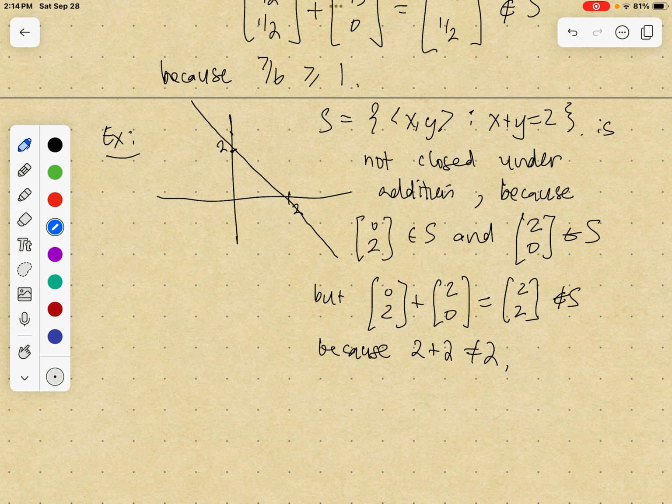So S consists of all these vectors like this, right? That's what S is.